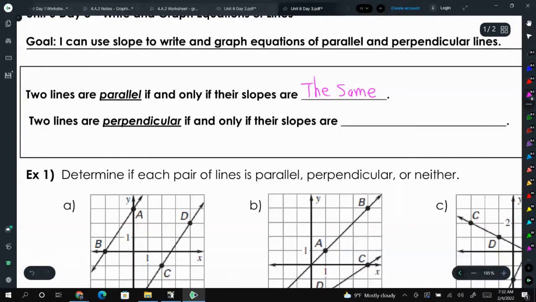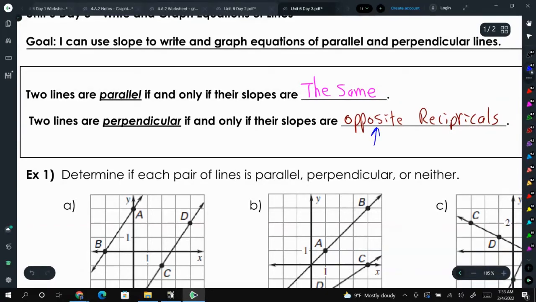Now, the slopes of perpendicular lines are opposite reciprocals. And that's a complex term right there.